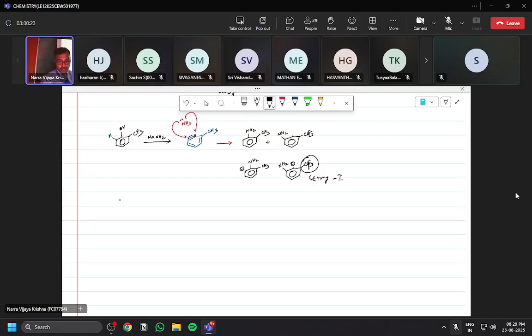Now, if it is at para position, for example, if it is bromine, here I am taking CH3. Now, sir, what should I get? I can remove H either this side or that side, which means I will get benzene like this. Now, NH2 minus can attack either here or here. Both are equally possible.